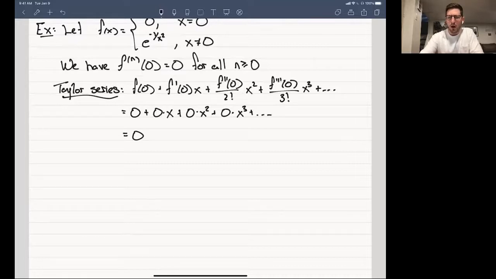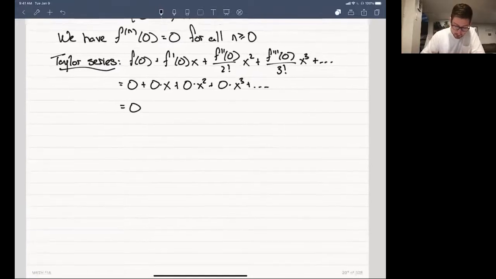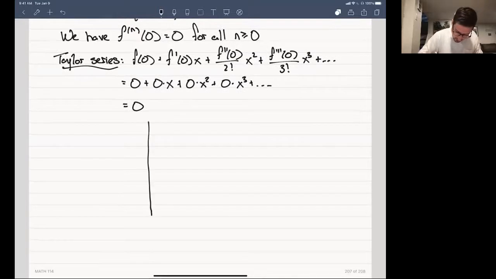So what does that mean? Does this thing not have a Taylor series? No, it has a Taylor series. Just locally, this thing looks super, super flat. So in fact, if you sketch out what this function looks like, I haven't had a sketch in a while in this class.